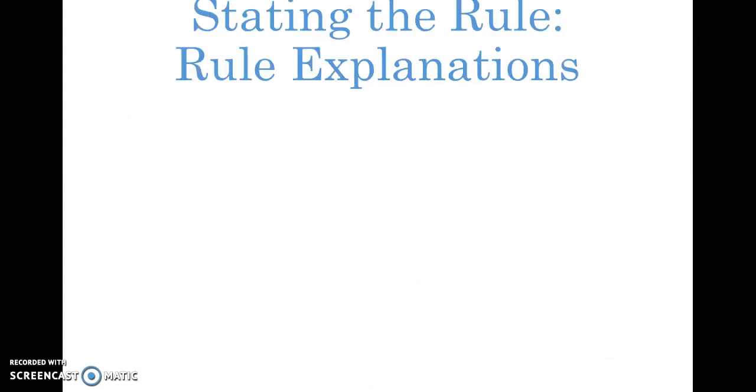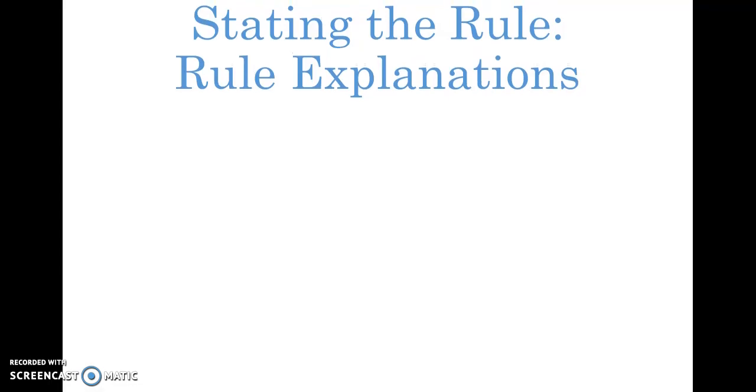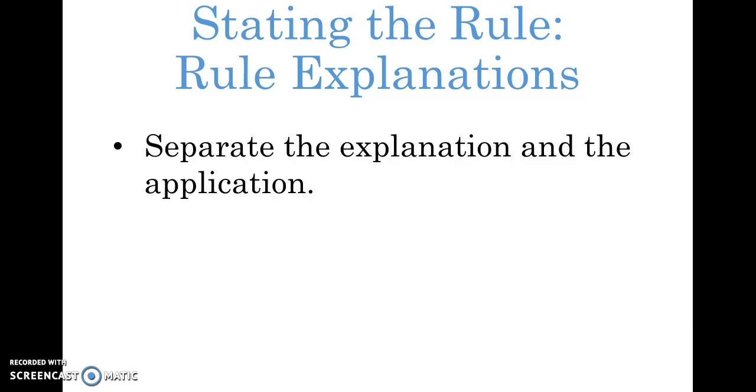Okay, so after you introduce your big R rule and narrow the reader's focus to the specific issue you'll be arguing, you have to start with a rule explanation. You've got to start telling the reader what rules control resolving that issue. And just like last semester, you want to separate the explanation from the application of the rule to your facts.